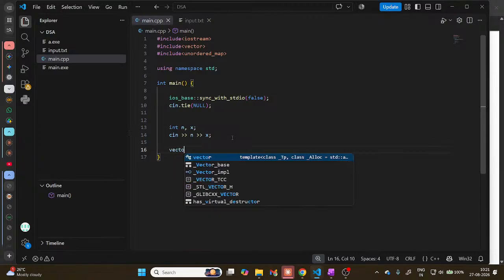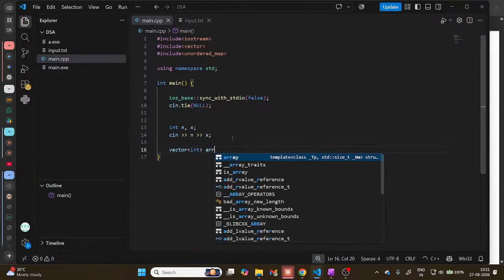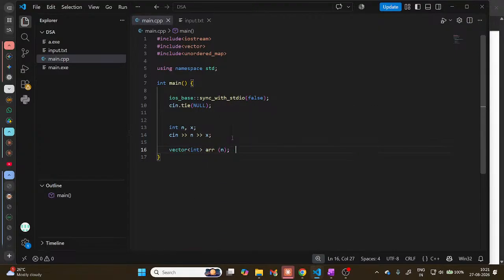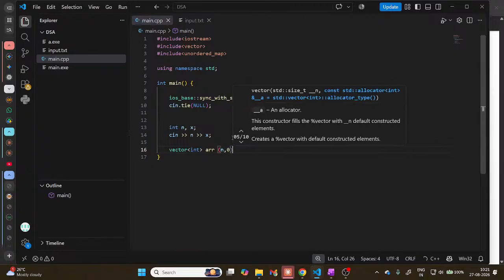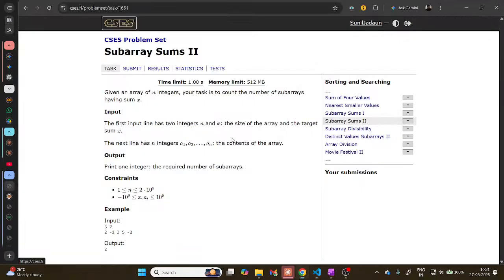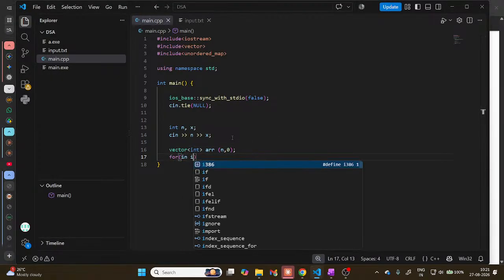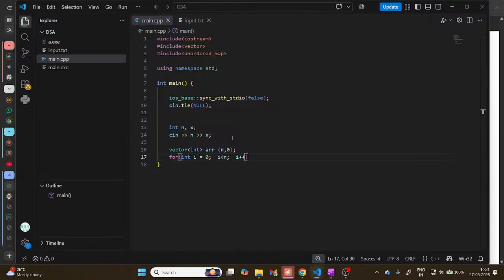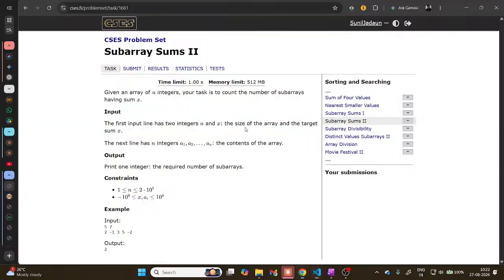We should have a vector of integers, array of size n, right? We can initialize it with 0 also, and next n integers. So for i equal to 0, i less than n, i plus plus, cin array i. Okay, we have the input, right?